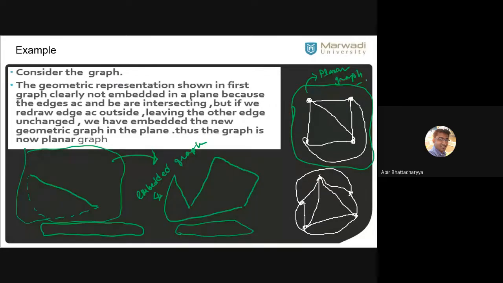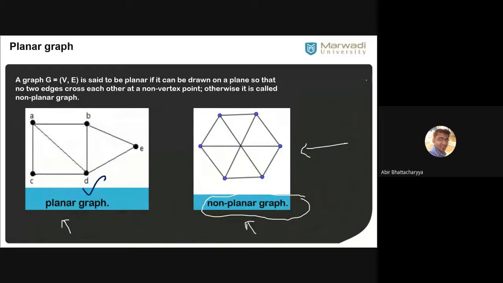Okay, like the last graph. This graph is a non-planar graph. You cannot make an embedded graph. Embedding is not possible for this graph. You can try. Embedding is not possible for this graph.